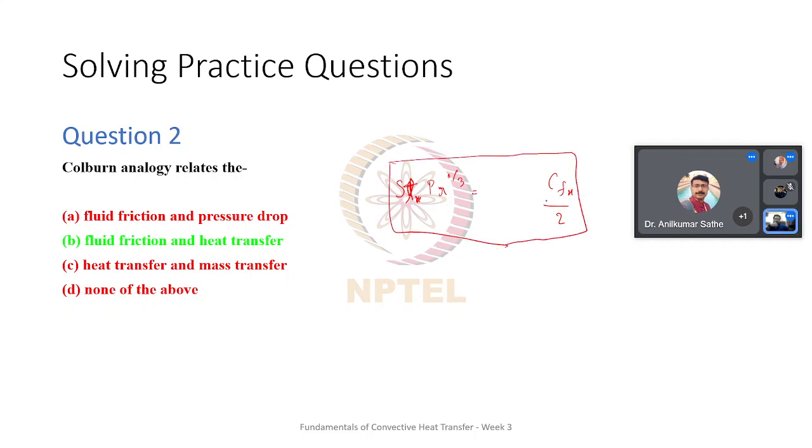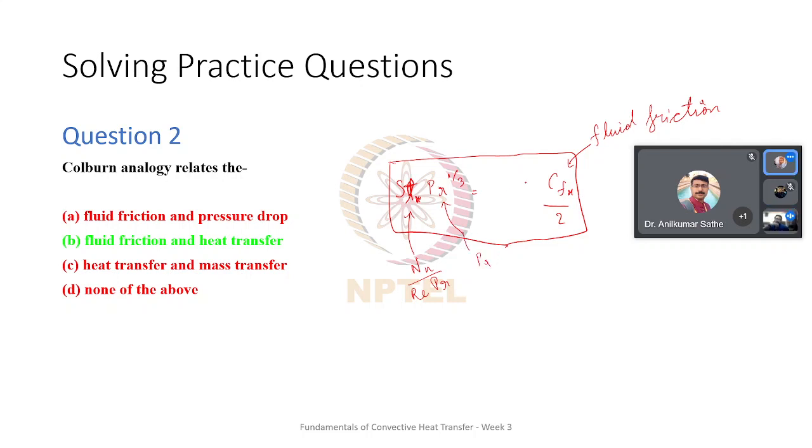Cf,x is related to the local fluid friction at a location x, and Stanton number is nothing but Nusselt number divided by Reynolds number into Prandtl number. This is a group of dimensionless numbers, and Prandtl number is a characteristic of the flow.